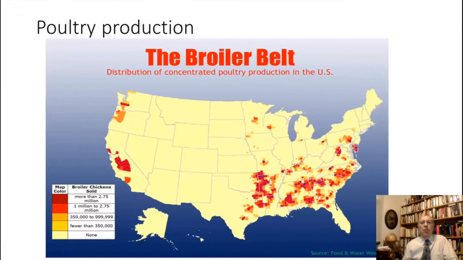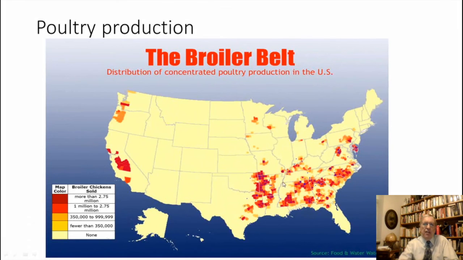A little bit about poultry. We have the broiler belt, which is in a different place, more southern, through the Carolinas. It's almost the old cotton belt in a sense, but more southern so you don't have to heat the barns and stuff. You can raise chickens farther north, as you see, but you've got to heat the barns more in the winter and so on.